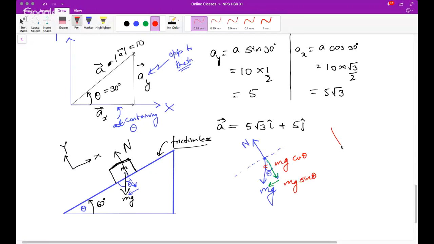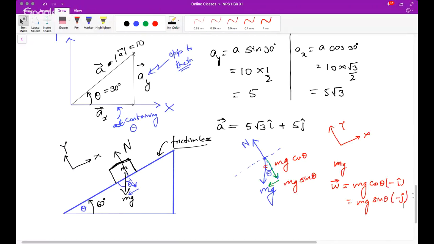Since you defined x and y like this, you can write the weight, if I use w, as w equals mg cos theta minus i. Why minus i? Because it is in the negative x direction. So negative i, and mg sine theta negative j.